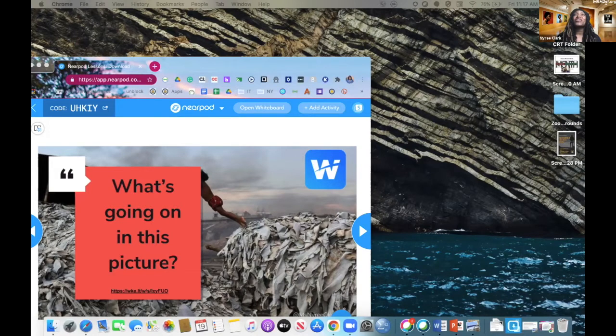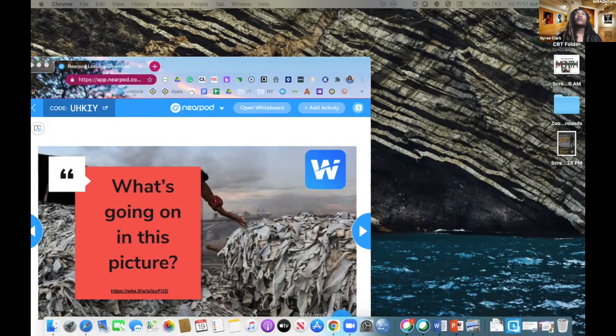What do you wonder about this picture? Click the green button. When you click the green button, you can add text. When you click the add text box, you may have to scroll. You'll be able to enter. Okay, I'm gonna pop out and give you just a few minutes to add that.